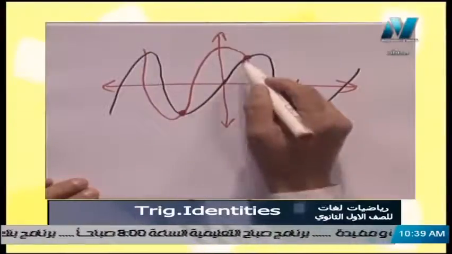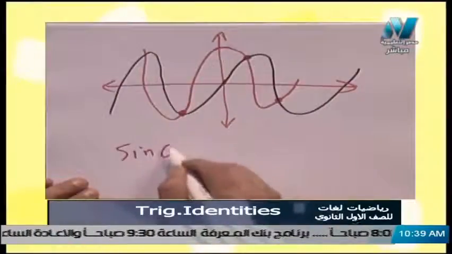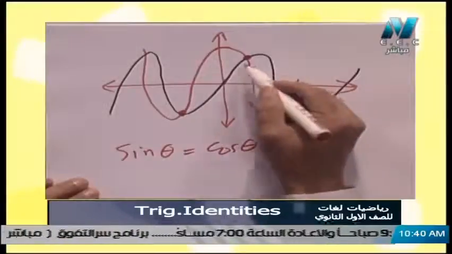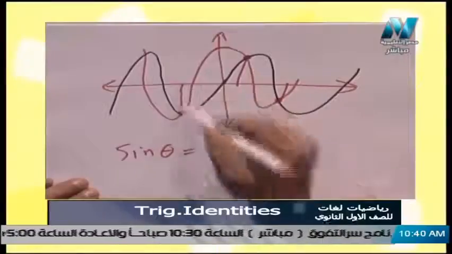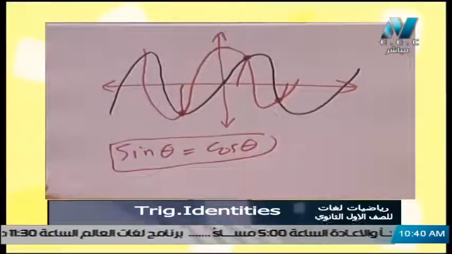These points mean that sine theta equals cosine theta at these values only. So it is an equation and not an identity.